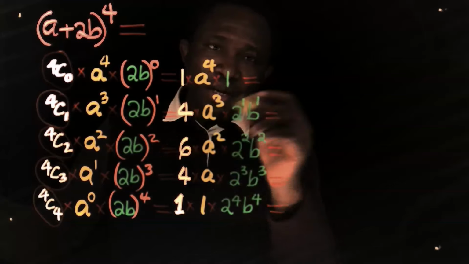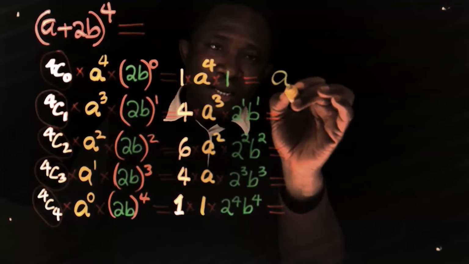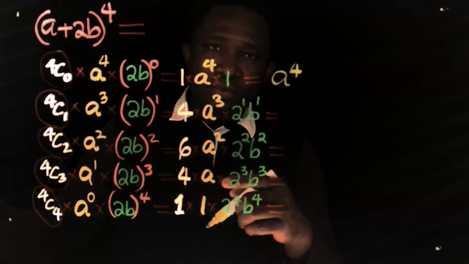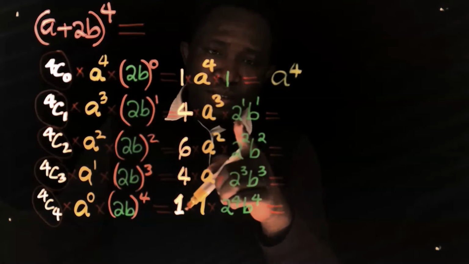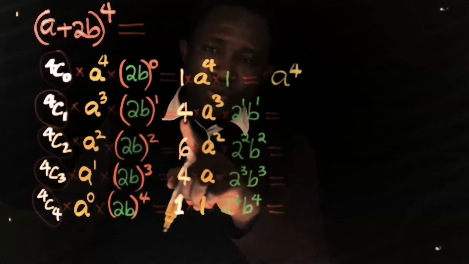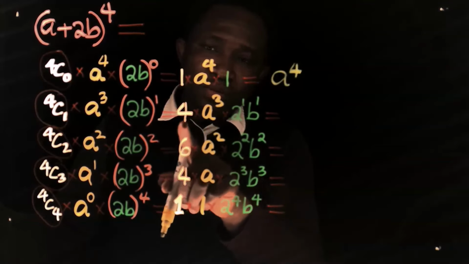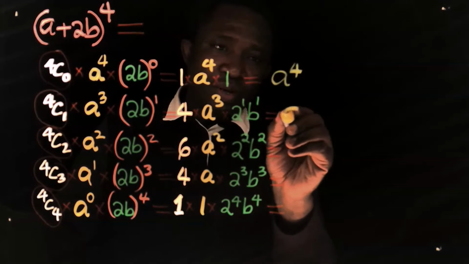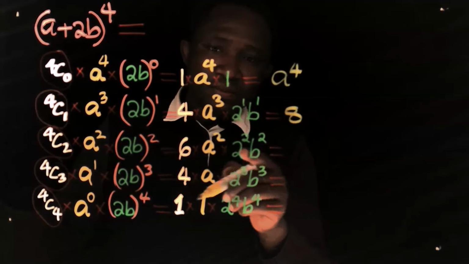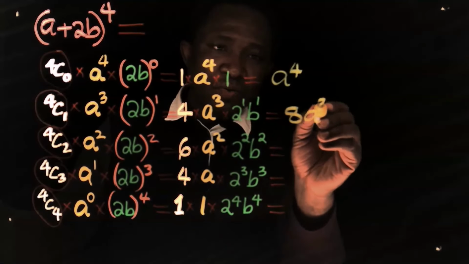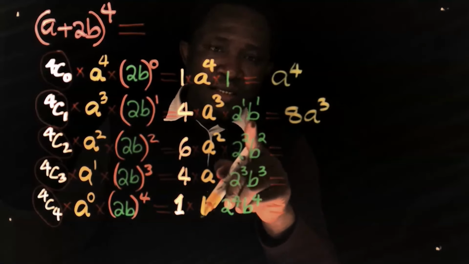For the first one, our answer is a to the power of 4. For the next one, this is 2 multiplied by 4. 2 multiplied by 4 will give you 8. And this is a to the power of 3, and this is b.